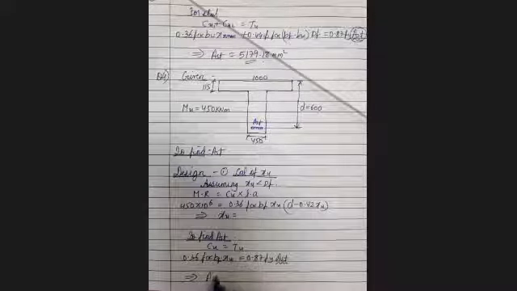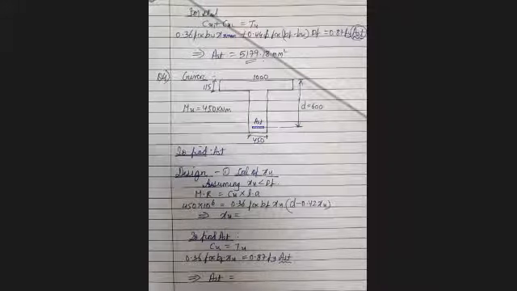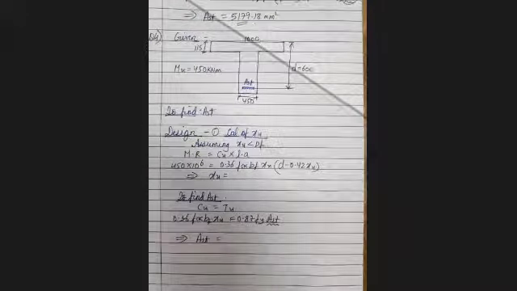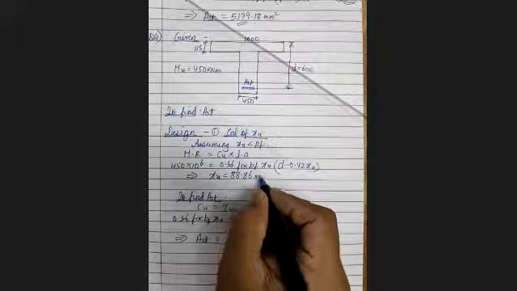So this will give you the value of AST. XU is 88.86. Okay. And what about AST?